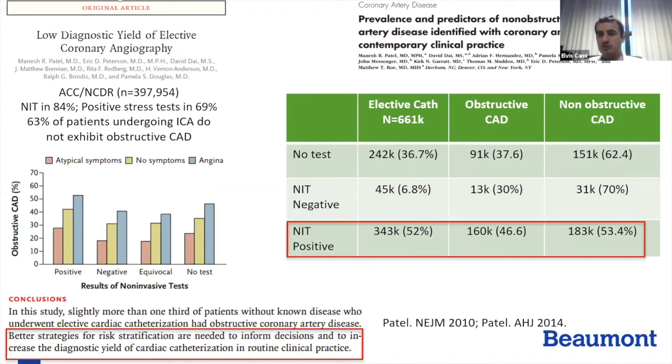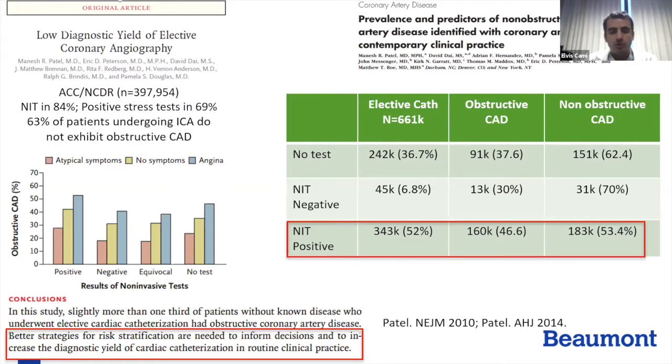By obstructive disease, what we mean is needing a stent. So about 50% of the patients that have a positive stress test essentially don't need to go to the cath lab.